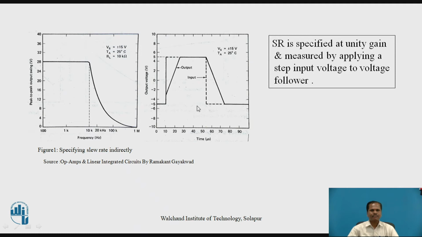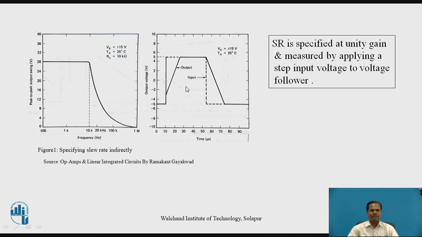The second figure shows a plot of output voltage with respect to time, as well as the variation of input voltage with respect to time. So operational amplifier takes certain time to change its output voltage in accordance with the change in the input voltage. So that is due to slew rate of operational amplifier.